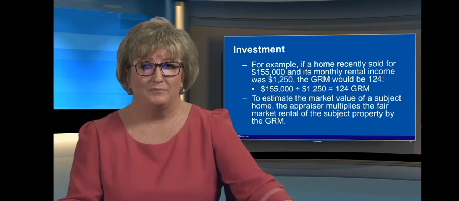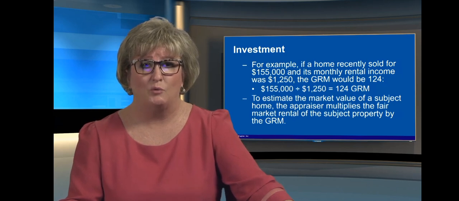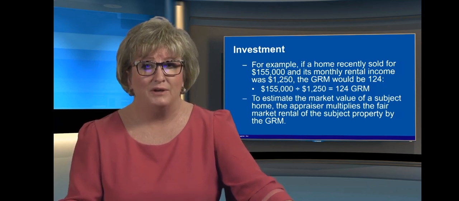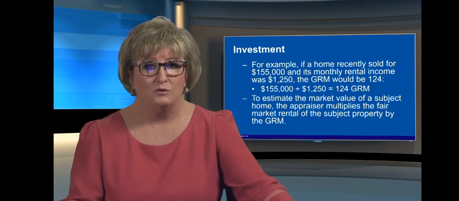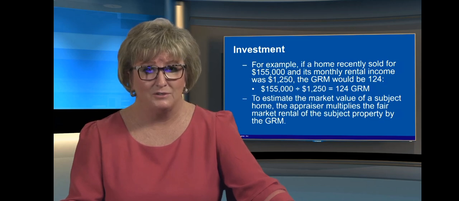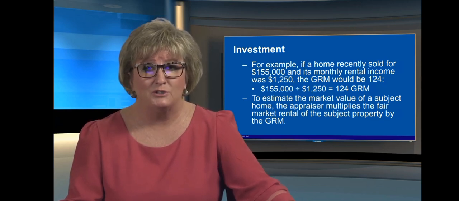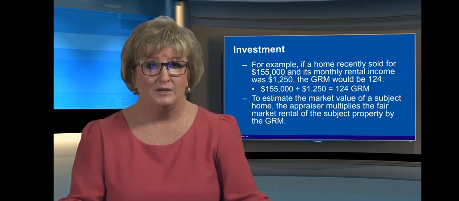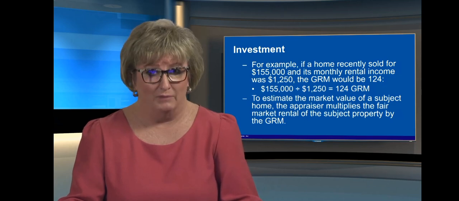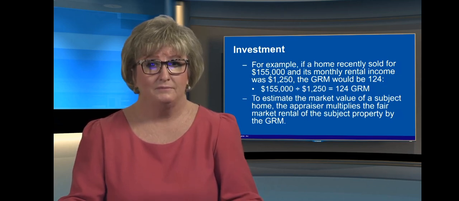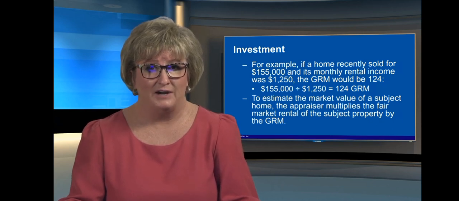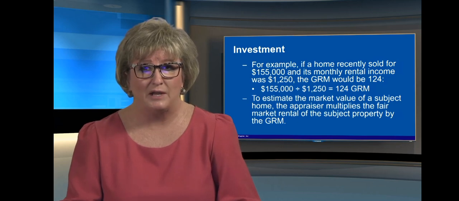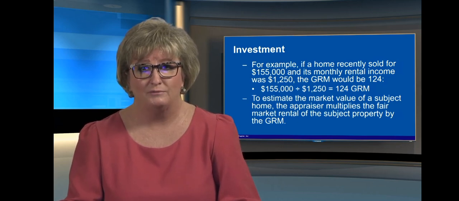For example, if a home recently sold for $155,000, that's the value, and its monthly rental income was $1,250, the gross rent multiplier would be 124 because we take the value divided by the monthly rental income, 155,000 divided by 1,250, and we come up with a gross rent multiplier of 124.